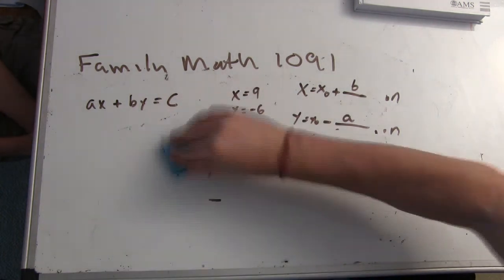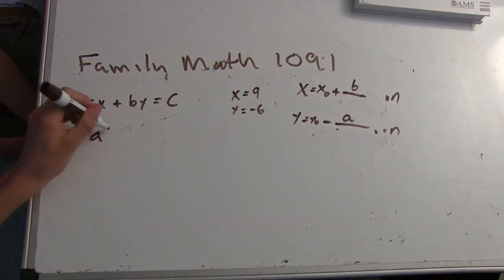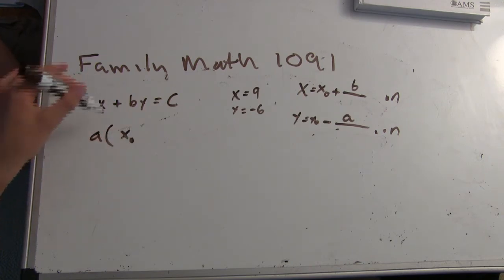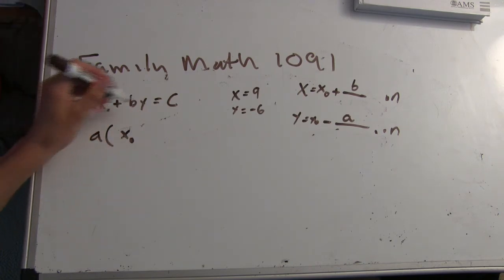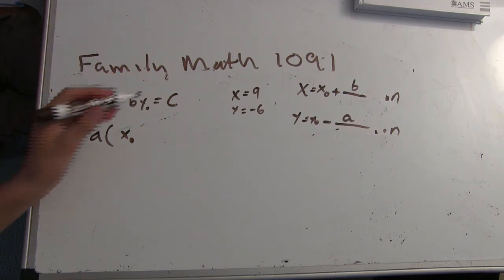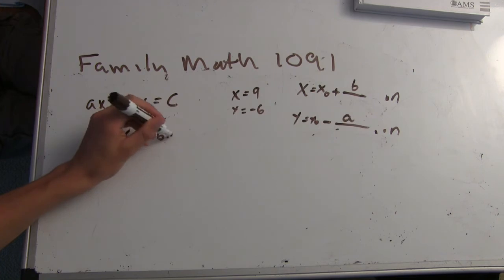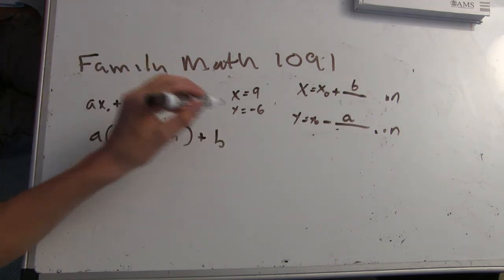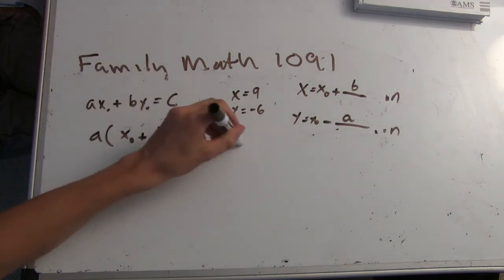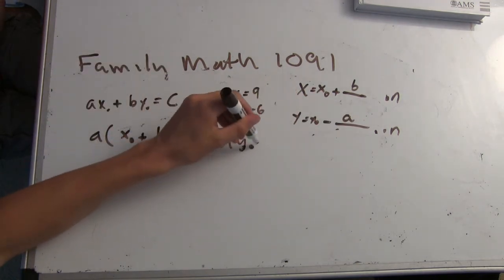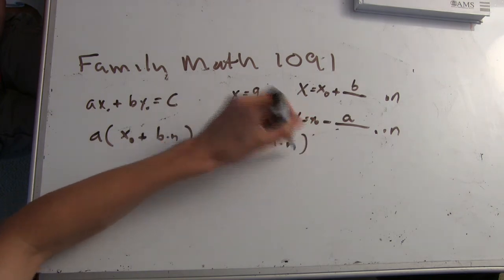All right. So we have a times x naught plus b times y naught is c. We already know that's a solution. Plus b times n, plus b times y, that's a y, isn't it? Minus a times n.